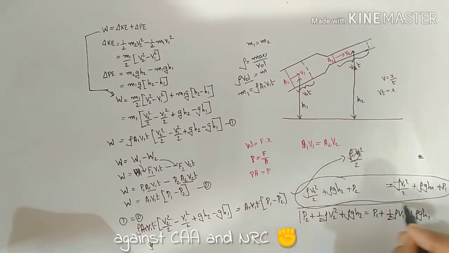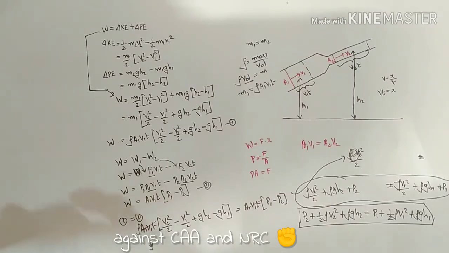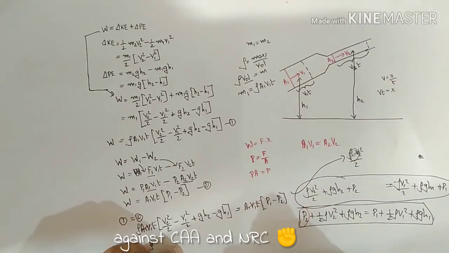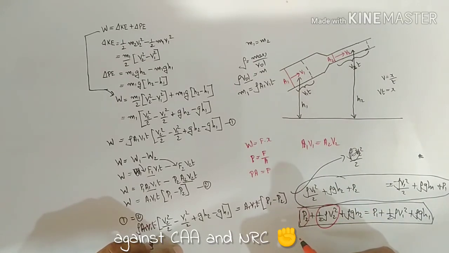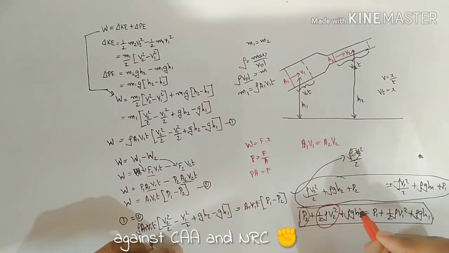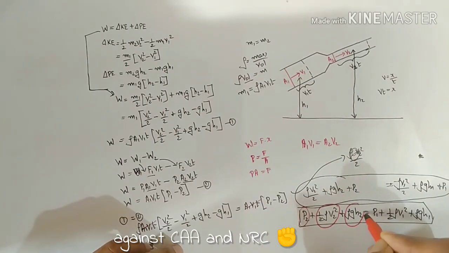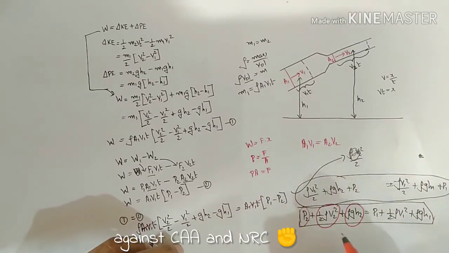This equation is called Bernoulli's principle. In Bernoulli's principle, the total sum of pressure, plus this term, which I'll call kinetic energy per unit volume, half rho V square, plus this term, which I'll call potential energy per unit volume, will be a constant.